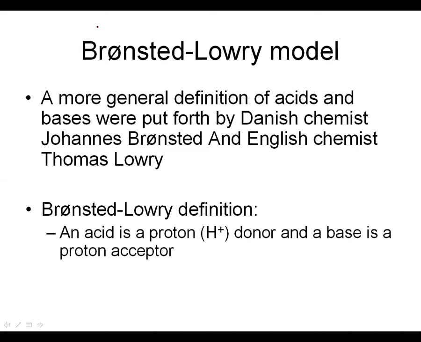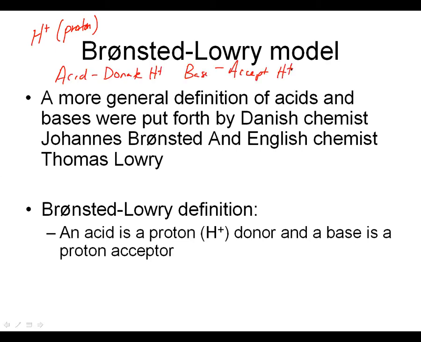So again, definitely in acid-base chemistry, the H plus is referred to as a proton. An acid is basically a proton donor, which means that it will give away an H plus. So an acid will donate an H plus, while a base will be the one that will actually accept an H plus.